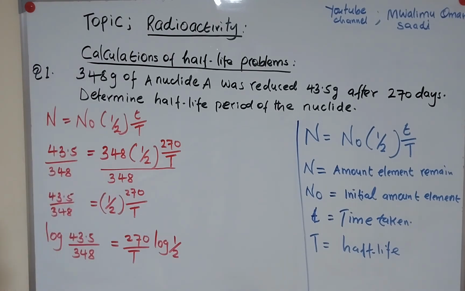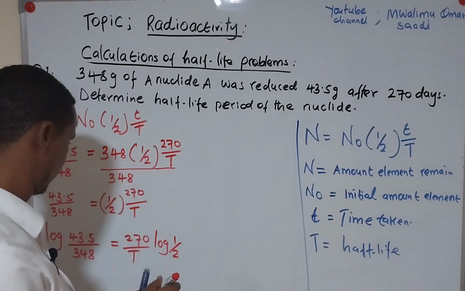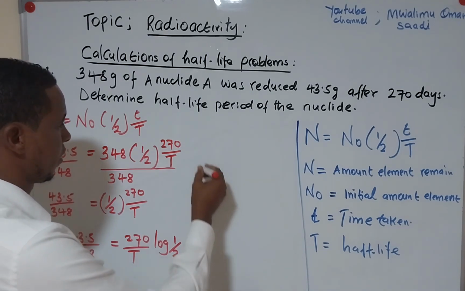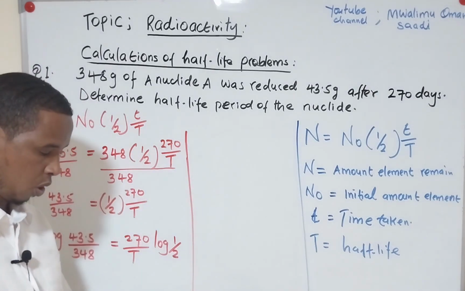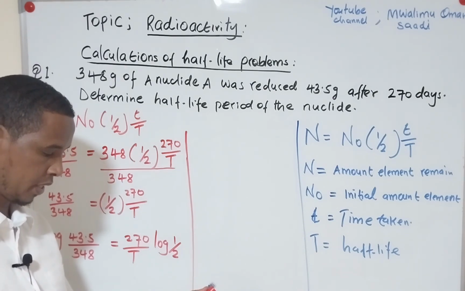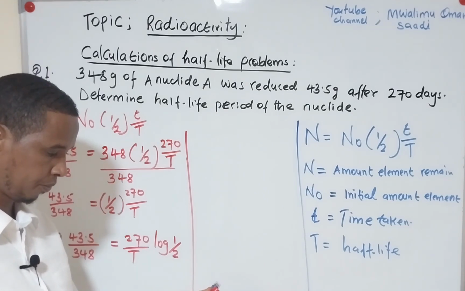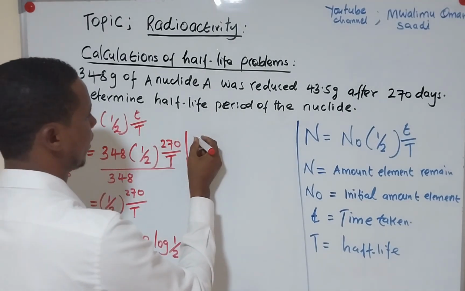Okay, let's do now log 43.5 divided by 348. It is equal to negative 0.9.